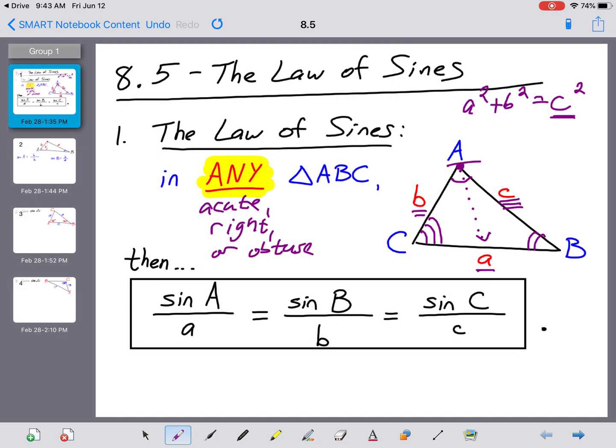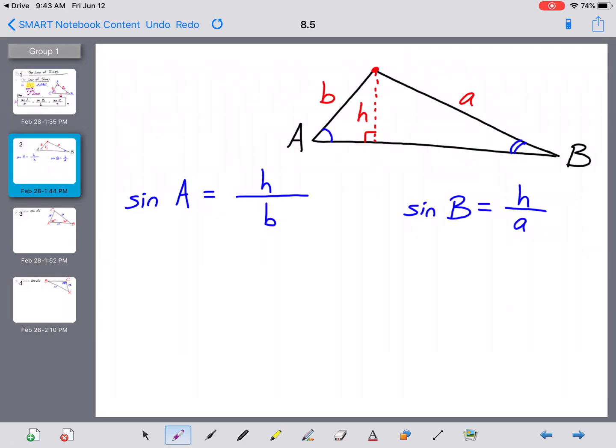So side little a is always going to be across from angle big A. Side little b, right over here, is always going to be across from big B, and little c is across from big C. That always has to be the case, and if we don't understand that, then this equation doesn't make a whole lot of sense. So we need to know that little a is going to be across from angle big A. So let's keep that in mind.